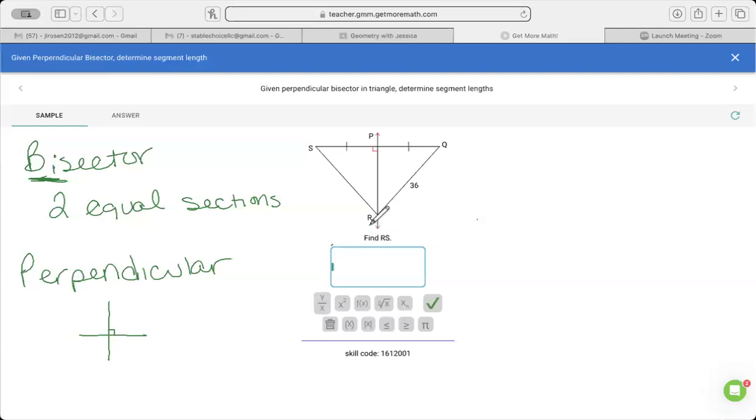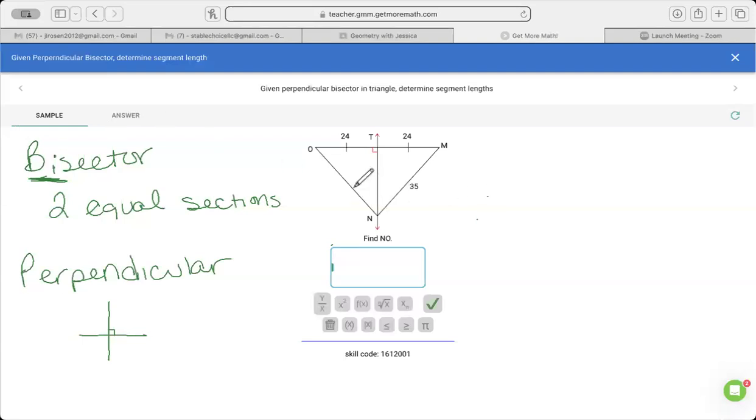This one says find RS, so RS would be over here, which means if this is our perpendicular bisector, these two sides are equal. So RS is also going to be 36. Let's see, this one looks a little bit different.